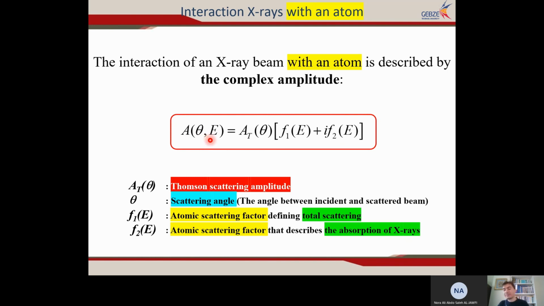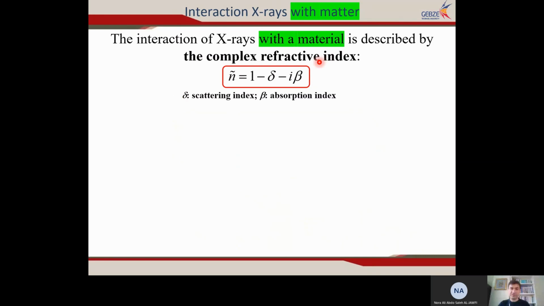And so finally, we have the complex amplitude, which defines the interaction of an X-ray beam with an atom. But in reality, we are dealing with materials, and within these materials there are millions or billions of atoms, okay, many atoms. So what about the interaction of X-rays with matter? The interaction of X-rays with a material is described by the complex refractive index, which is given here.